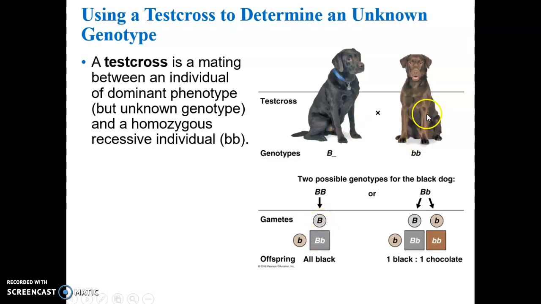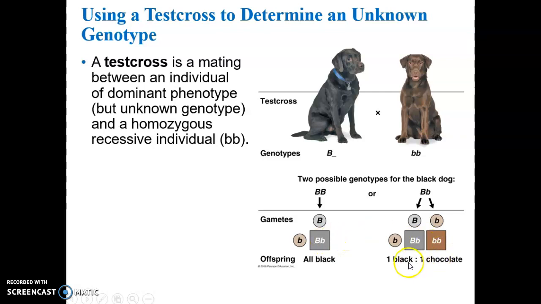If it mates with the chocolate lab, the chocolate lab is homozygous recessive. It can only put a recessive allele in its gametes. When they mate, the gametes fuse, egg and sperm, and the puppy is born, it's going to be black. Why? Because the individual is heterozygote. Okay?